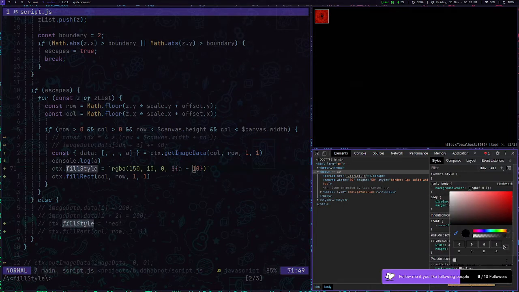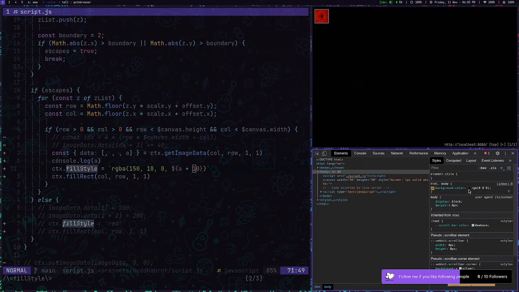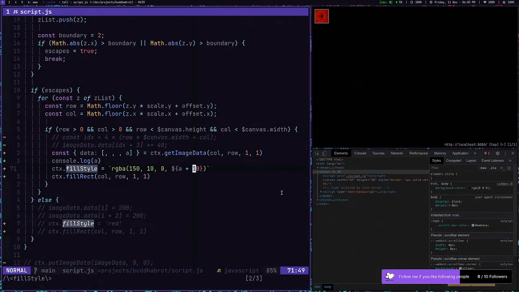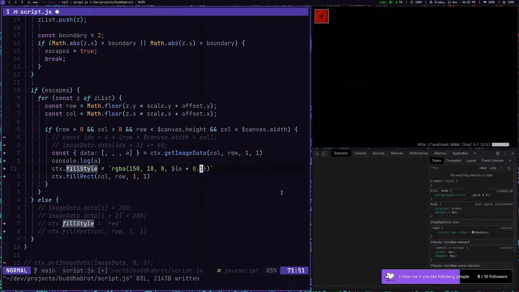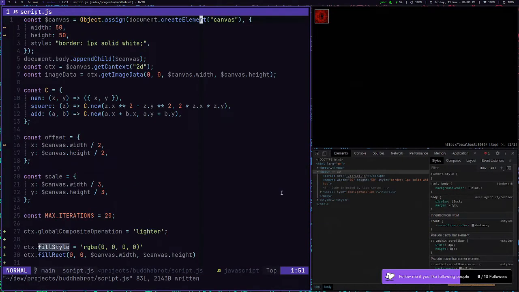Can we change it to RGBA? Oh yes, the alpha is supposed to be 1. Okay, so let's increment it by 0.1. Okay, something changed. Something happened. Let's go back to our 600x600.